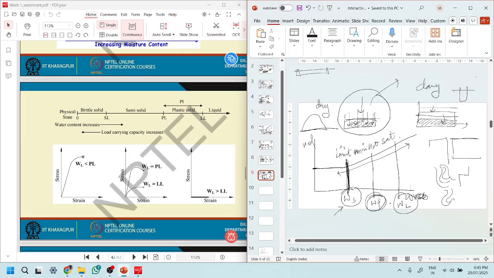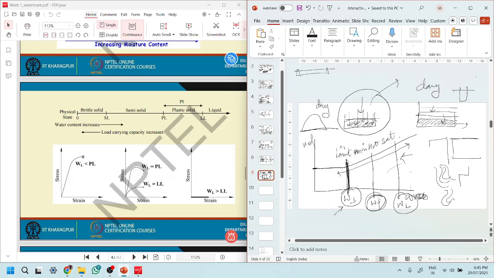And then the liquid limit is the maximum water content, we can say, a limit to the water content above which it hardly remains a soil. It becomes a slurry, we can say.